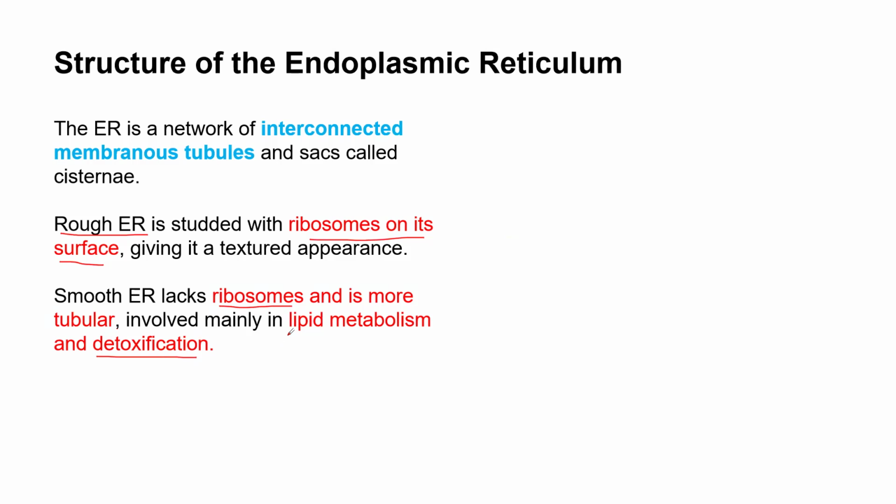Also, lipid metabolism takes place in the smooth endoplasmic reticulum. So this is what we need to know about smooth endoplasmic reticulum: first, it lacks ribosomes and is more tubular, and its major functions are lipid metabolism as well as drug metabolism and detoxification.